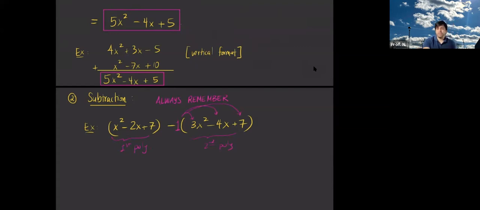Distribute, then combine like terms. Exactly. Always remember to distribute negative 1 to each and every term in the second polynomial.